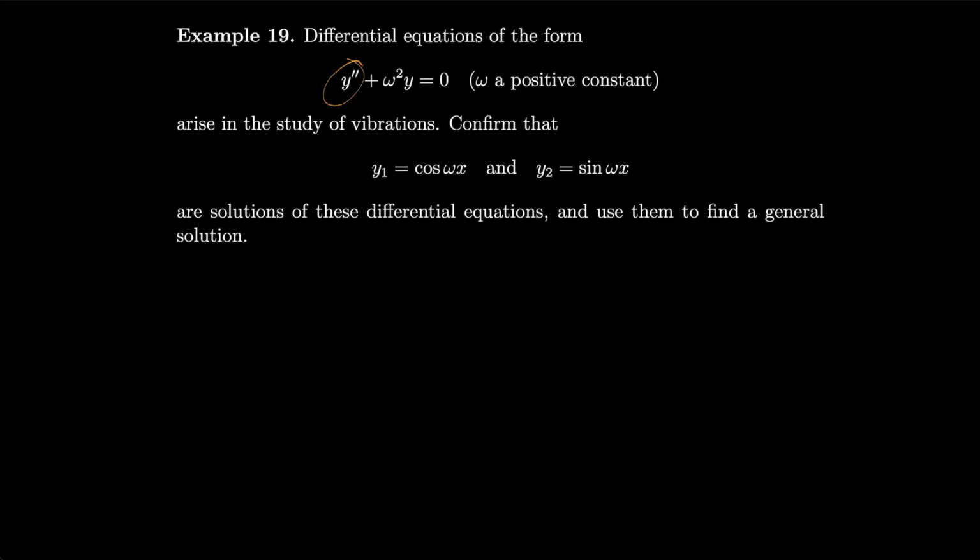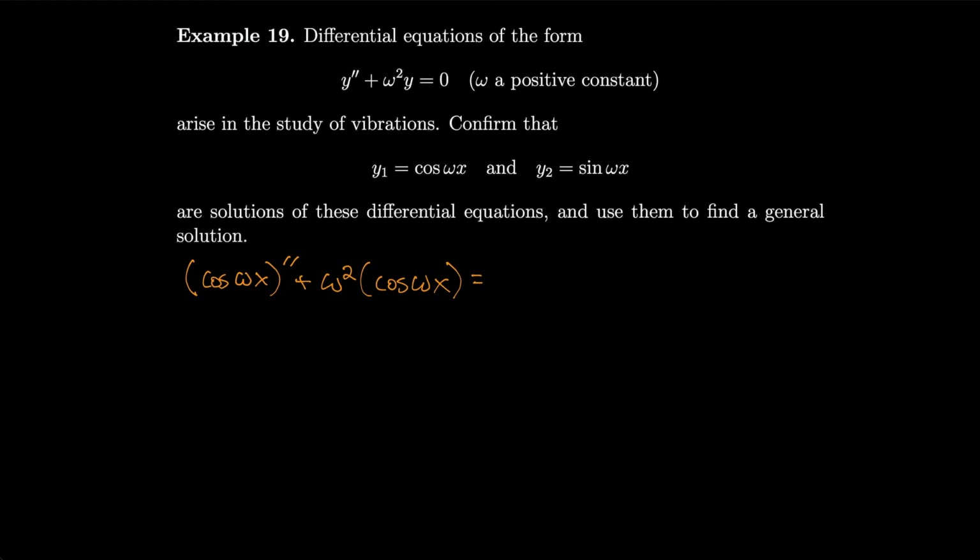So instead of y double prime, how about I plug in cosine omega x? So I'll plug in cosine omega x double prime and add that to omega squared times cosine omega x, and I want to know that that equals 0. Let's see.